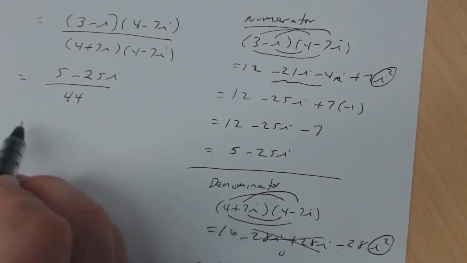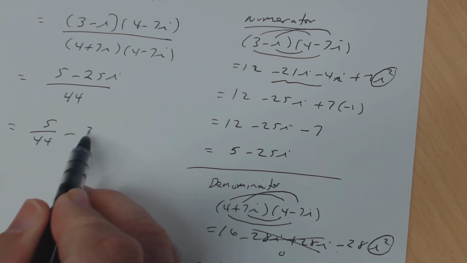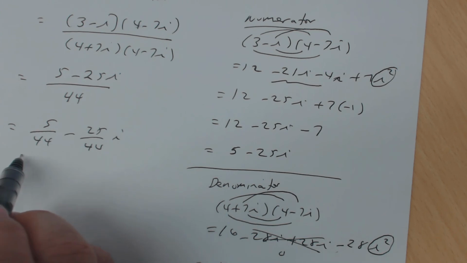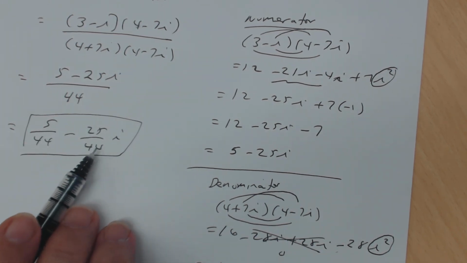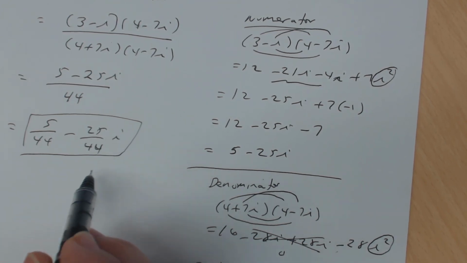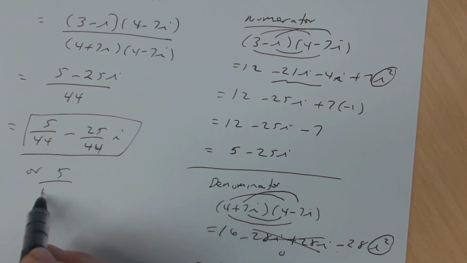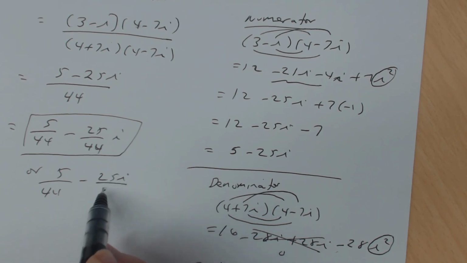Now putting this in standard form, we get 5 divided by 44 minus 25 divided by 44, i. And so there's your answer. All right, now another way, see how I wrote 25 over 44 times i like this? You could have written it like this, just to show you: 5 divided by 44 minus 25i divided by 44.